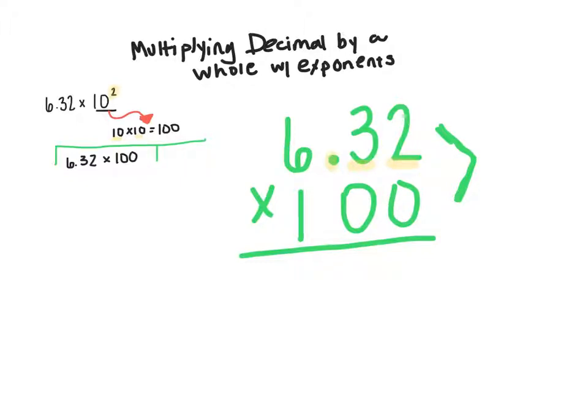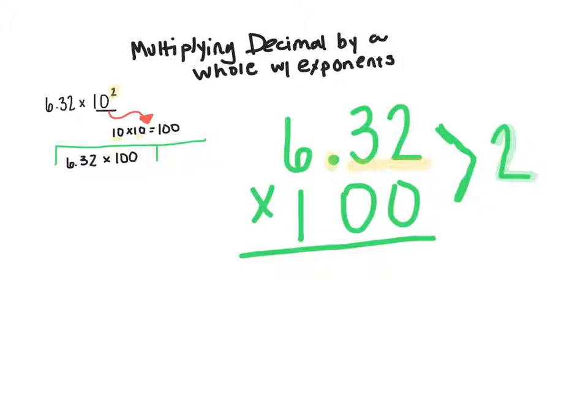Now on this number down here, 100, the decimal belongs here, but there are no place values behind the decimal. So I know that 2 is the number that I have to write, because there are only 2 place values behind the decimal.